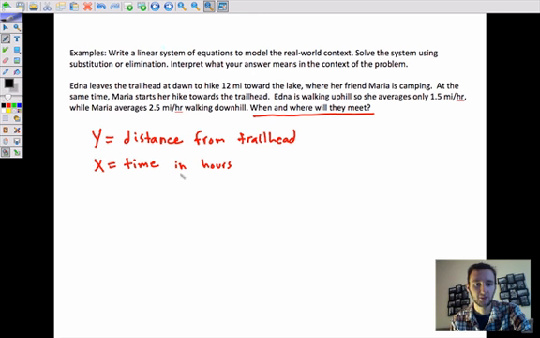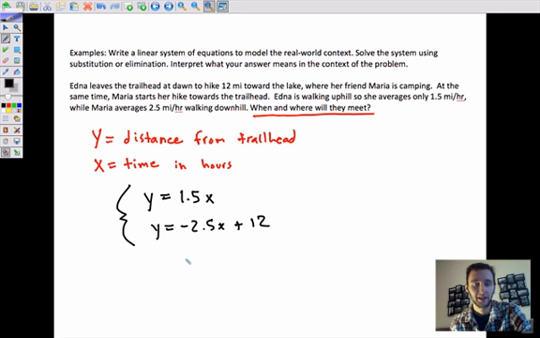Go back to this page. You can write these two equations down in your notes. Here's Edna's, y equals 1.5x, and here's Maria's, y equals negative 2.5x plus 12. And now you have a system of equations.